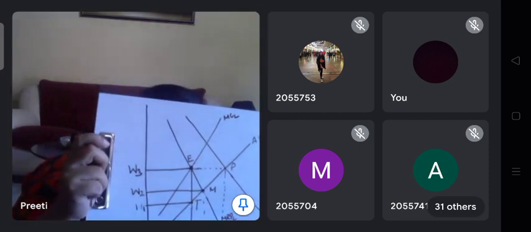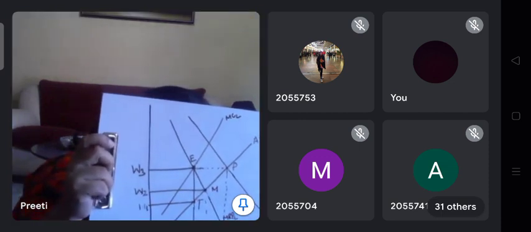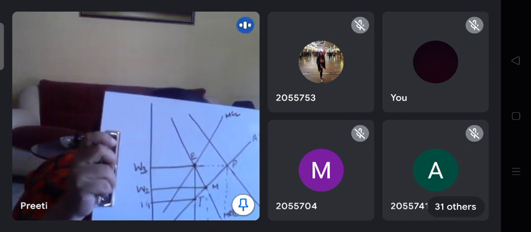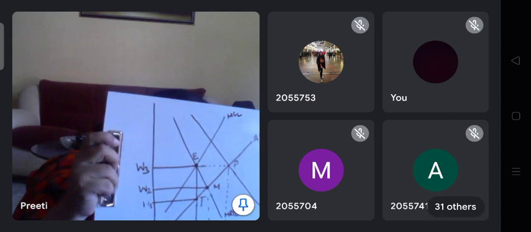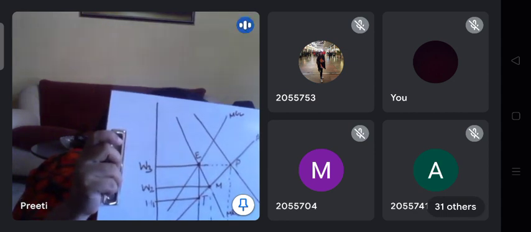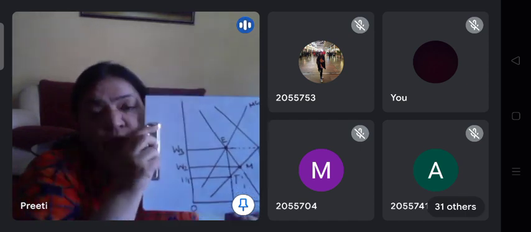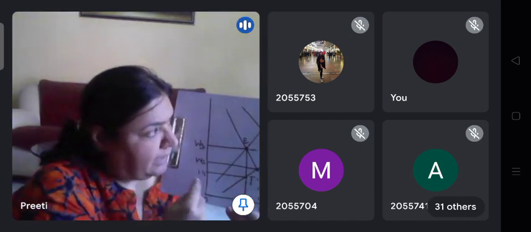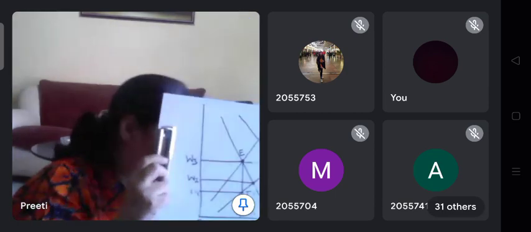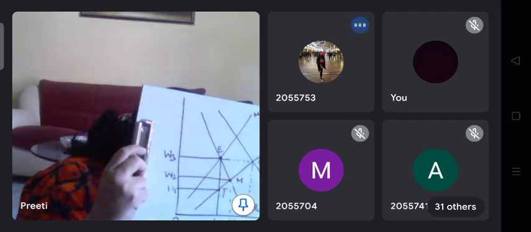Case 3. Monopoly in the product market, monopsony in the labor market. In the labor market, monopsony will try to give its laborers what wage rate? Where MRP is equal to MC, yes or no? Yes, ma'am.